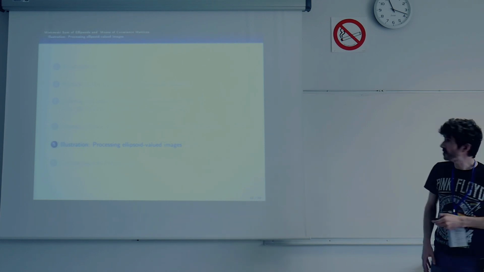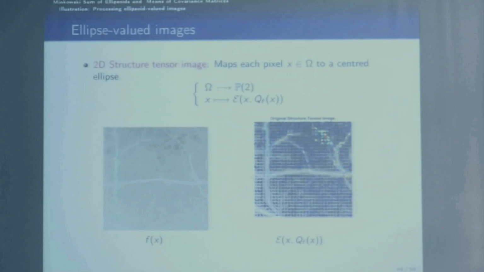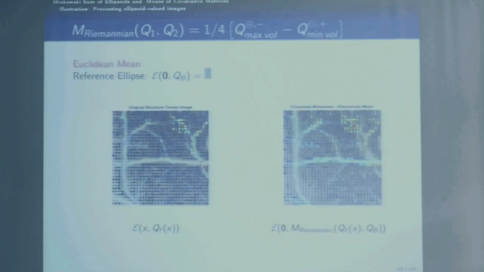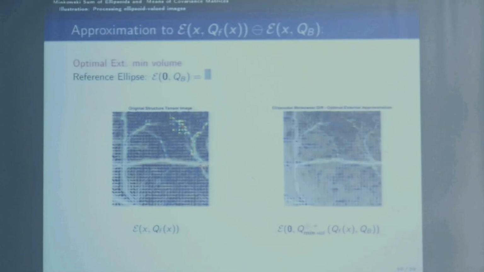I have a few results to show you on images, but I think I don't have time for that. Let me at least give you an example for this one. This is just an image where locally at each one of the pixels you have an ellipse representing the local anisotropy.